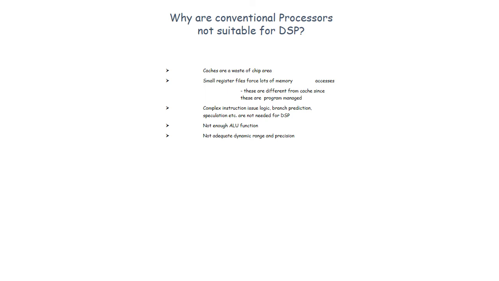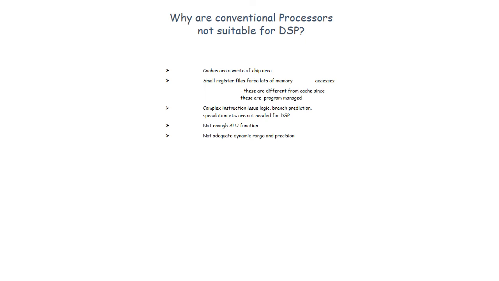Small register files force lots of memory accesses. So it creates these small register files that force lots of memory accesses. These are different from a cache since these are programs that should be managed.